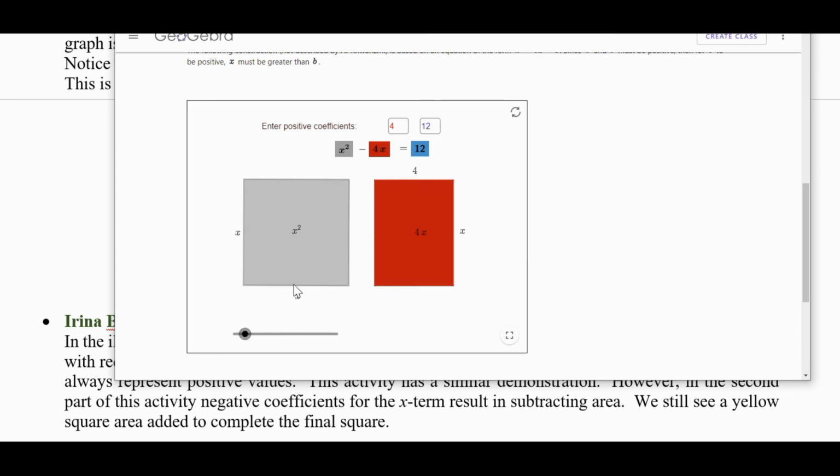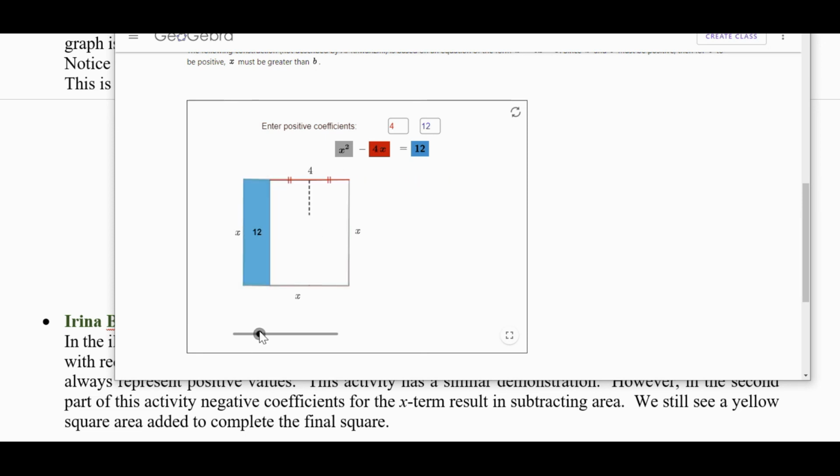This one's interesting. Here you start with an area of x squared. Here you have 4x. We want to split this in half, but this actually is subtracted from this x squared. So we take that over, subtract it from the x squared, and you're left with, well, this has got to be 12 of what's left over. That's what it says.